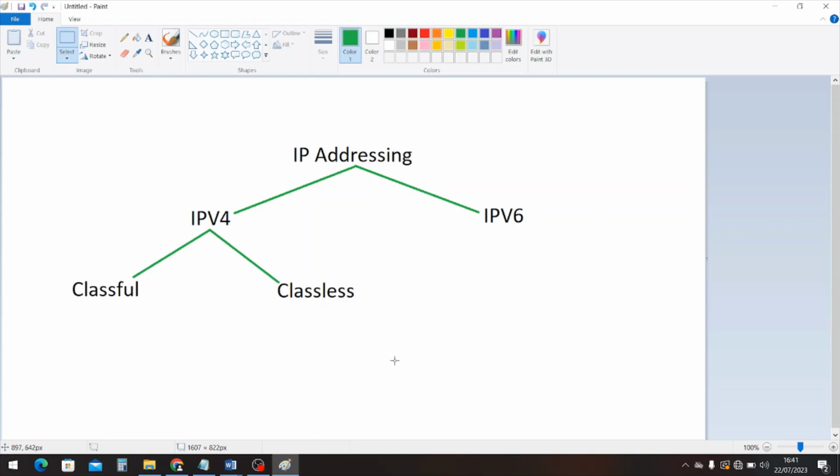But in IPv4, you can't do it. And there are two main categories of IPv4: classful IP addresses and classless IP addresses. Classful has been there, but it's no longer being used. Classless IP addressing is what's being used.